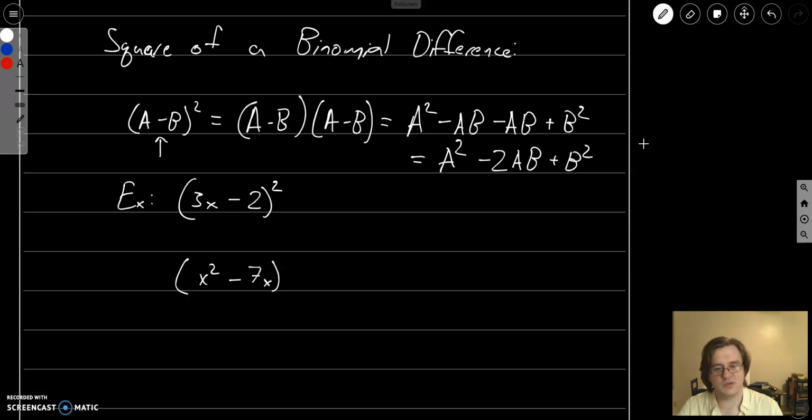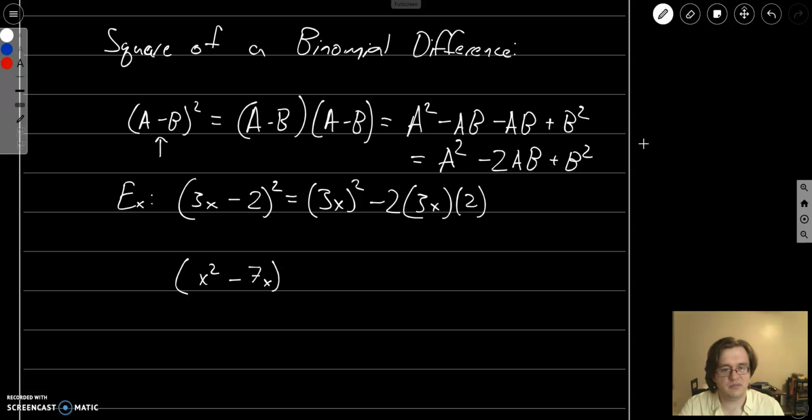Okay, let's use our formula. We've got a squared minus 2 times the product of the two parts plus the last squared. So here I have 3x squared. I will take minus 2 times the first term times the last term plus the last term squared.